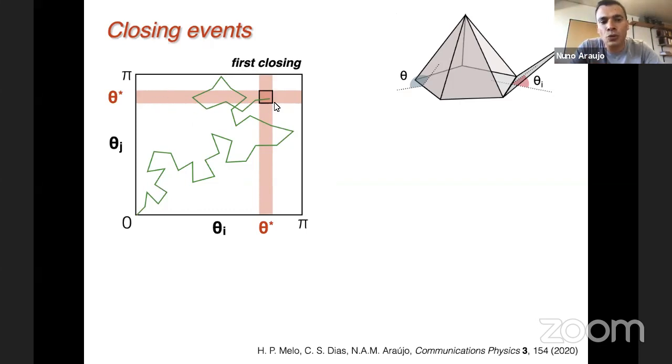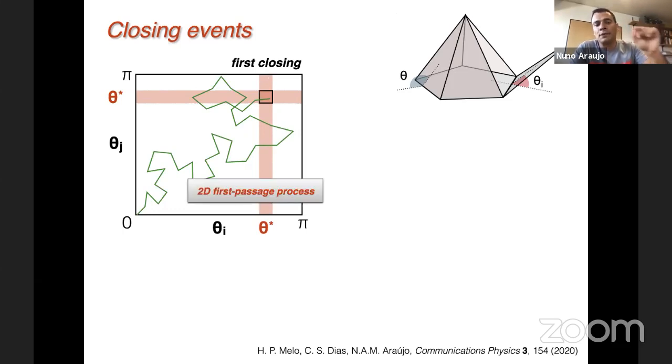That is when the two have an angle that corresponds to the closing angle of the pyramid, okay? And so the first closing event corresponds to a 2D first passage process for a Brownian motion. It is 2D because one dimension corresponds to the angle of one face and the other dimension corresponds to the angle of the other face.